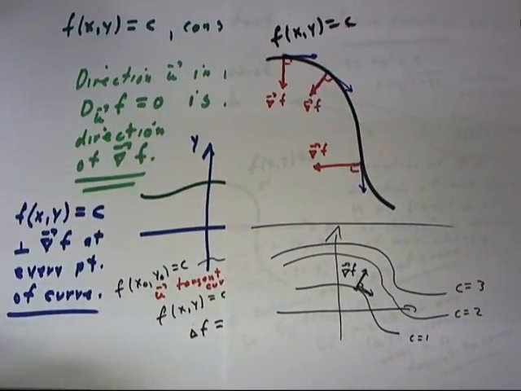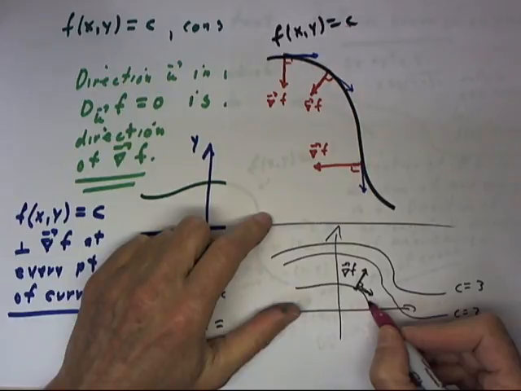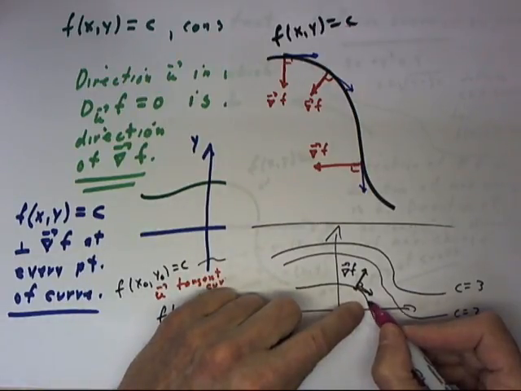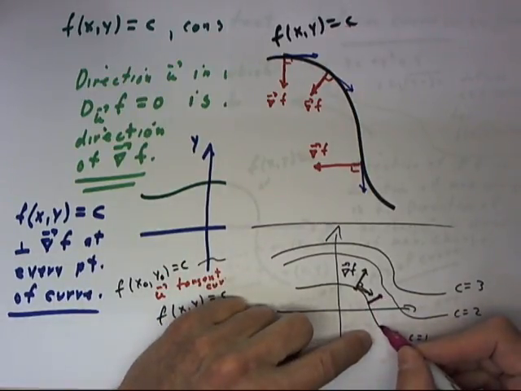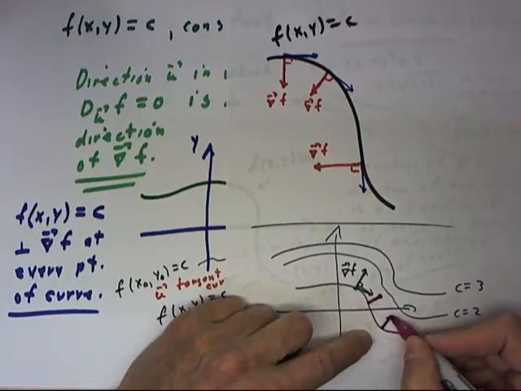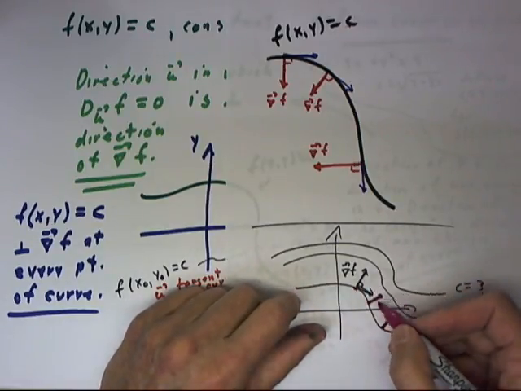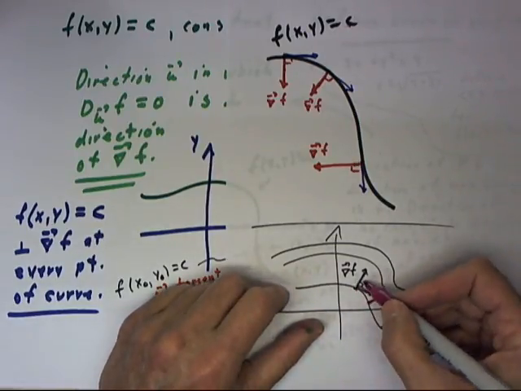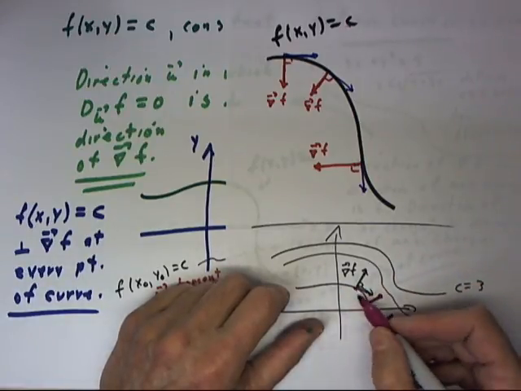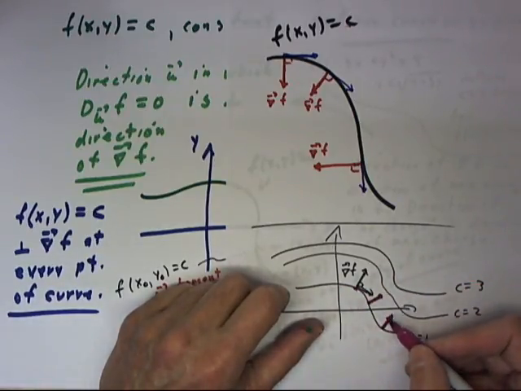So let me just draw a few more vectors indicating gradients. Perpendicular to this curve is going to be in this direction. Perpendicular here will be in this direction. And remember that it doesn't matter whether the gradient is in the direction of the inward normal or the outward normal.